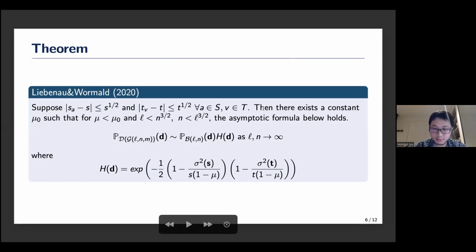For this theorem, what Lebanon and Wehrmont proved was that for sufficiently small constant mu0, and for all densities below this constant, and for cardinalities satisfying this condition, the asymptotic formula is going to hold. So it doesn't really cover all density ranges, but it still covers quite a lot of density ranges, up to a small constant.